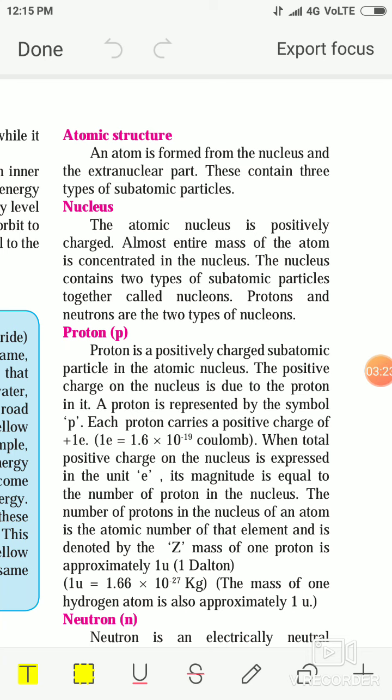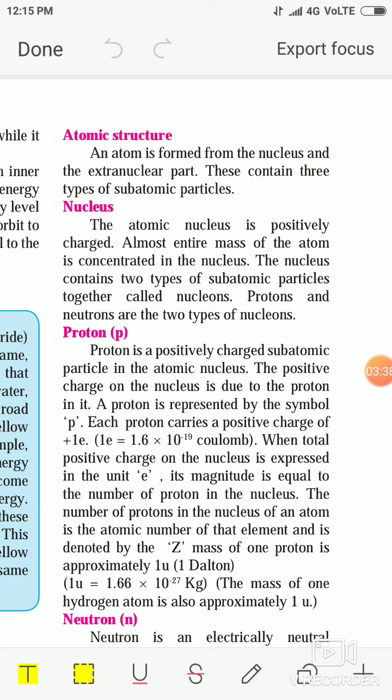The mass of a neutron is approximately 1 unit, almost equal to that of a proton. Most of the time, protons and neutrons are in the same number in an atom.